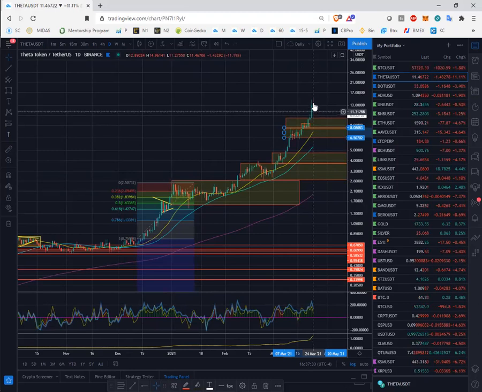At least it's pulled back somewhat into this trend day, right? And if this trend day is going to hold, I'd like this to start consolidating. If it doesn't, and it breaks this trend day, then you've got to be saying to yourself, okay, maybe this isn't just a normal pullback, and now it's going to be a steeper correction.